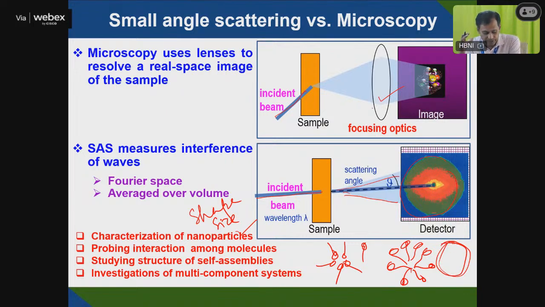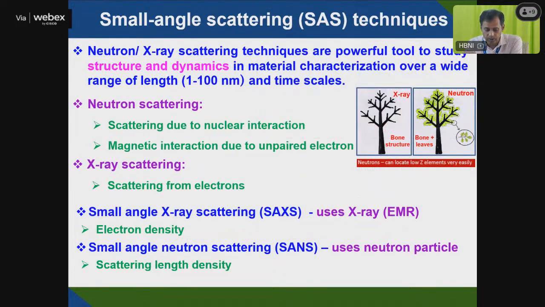Those information on how they assemble, the surfactant molecule based micelles and vesicles, whether it's a rod shaped vesicle or rod shaped micelle or elongated micelle, or a spherical micelle, hexagonal micelle, all those information we get by this X-ray, small angle scattering technique, and it can investigate multi-component systems. These are some of the important things.